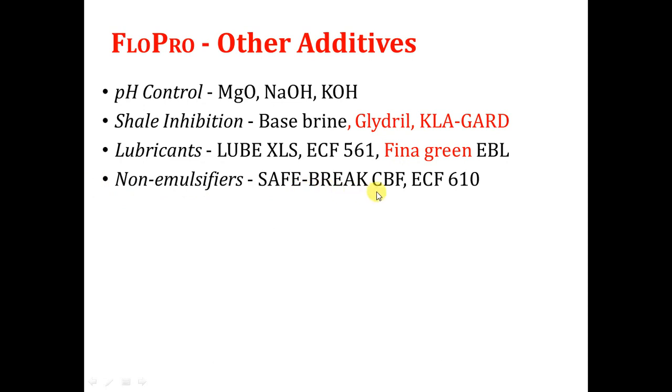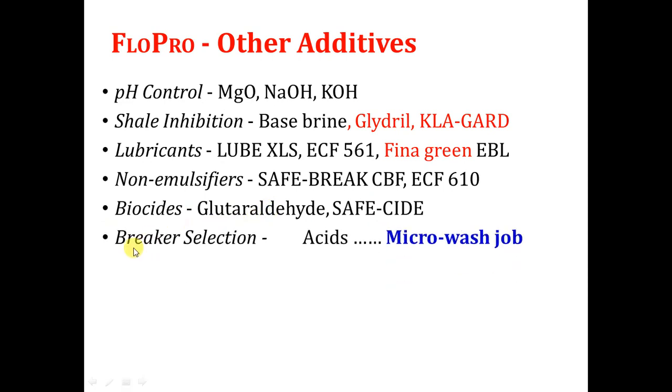Non-emulsifiers like safe breakers are used. Biocides, because these are bacterial places due to the deeper zones, and this is very important. The biocides like safe side or other chemicals. Breaker selection depends on the acids like the microwash job, oxidizers, enzymes, and the mud solvent. Okay.